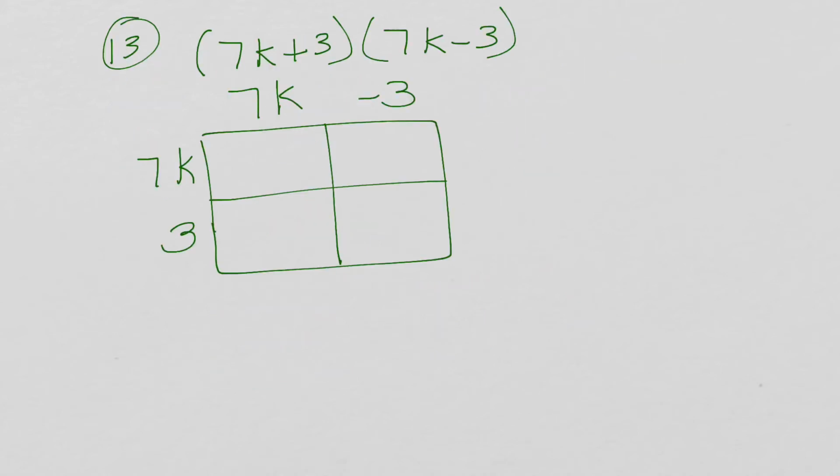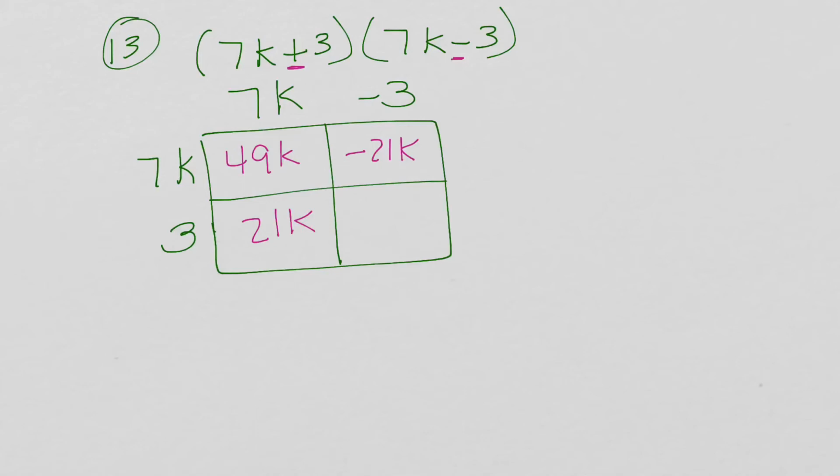Now you're going to notice that we're multiplying two binomials, and the only thing that's different is one is an addition sign and one is a subtraction sign. So 7k times 7k is 49k squared. 7k times negative 3 is negative 21k. 3 times 7k is positive 21k.